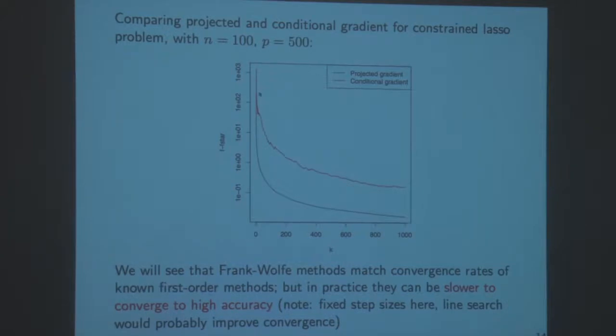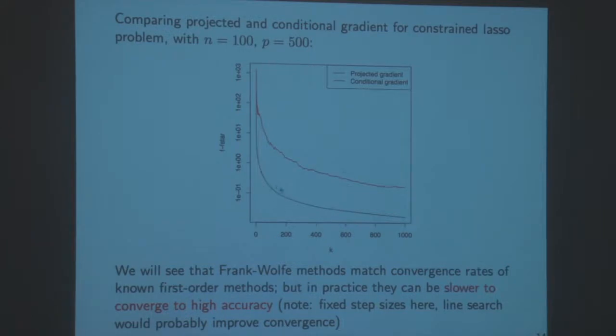What's the first thing we see? Frank-Wolfe is not actually a descent method. These are not numerical accuracy problems. It's not a descent method. You can see that in many examples. So it's called the conditional gradient method. The second thing we see is that it has a lot of trouble getting to the high accuracy regime.